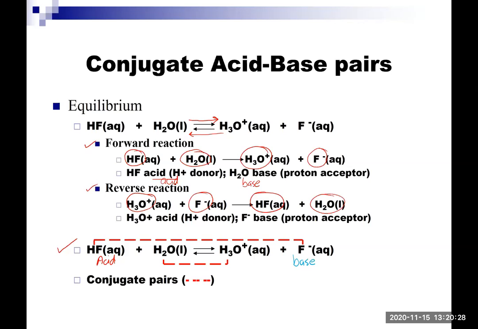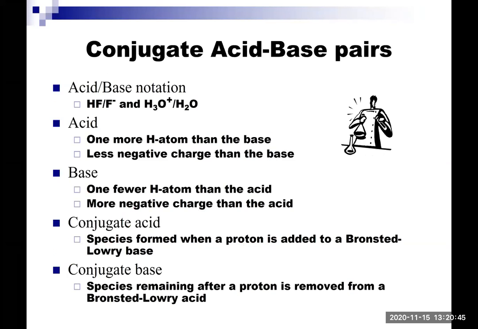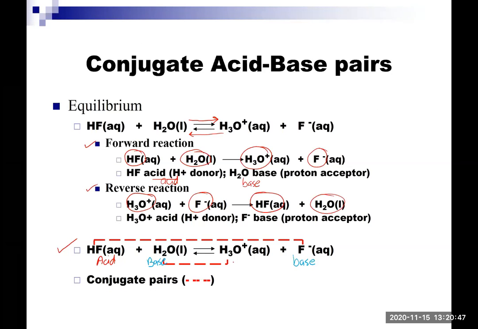H2O, on the other hand, is going to accept a proton, and that's the definition of a Bronsted-Lowry base. While H3O plus will donate a proton to solution, and that's the definition of a Bronsted-Lowry acid.